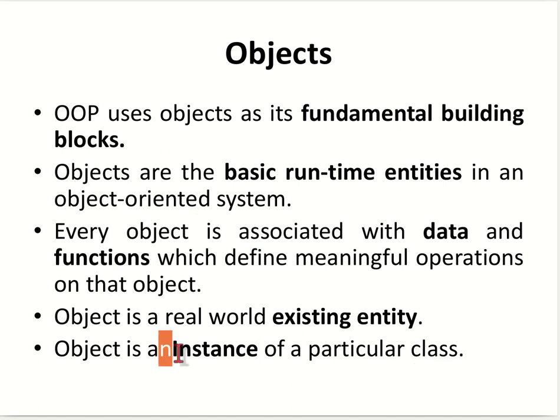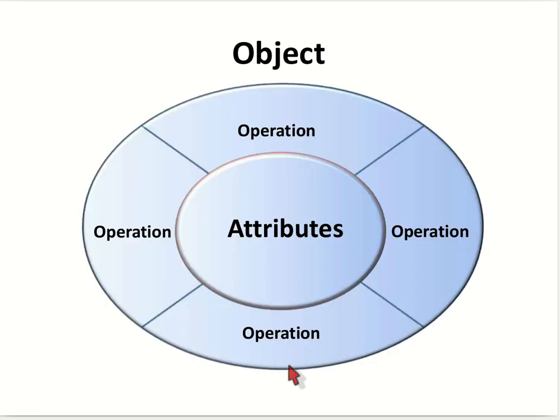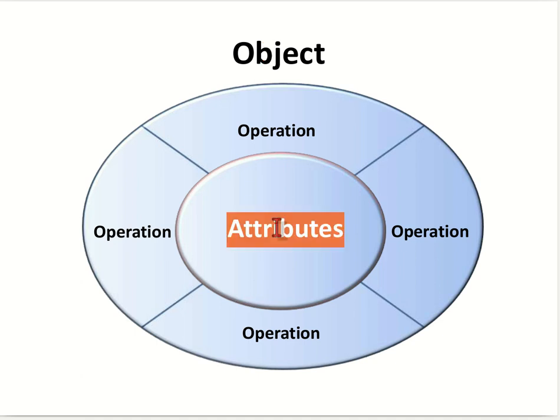It is also known as the instance of a class. An object will contain attributes as well as operations. Attributes are nothing but the actual properties of that object.